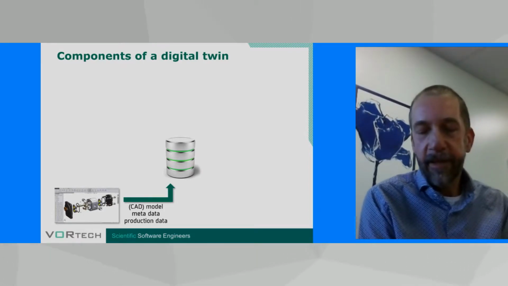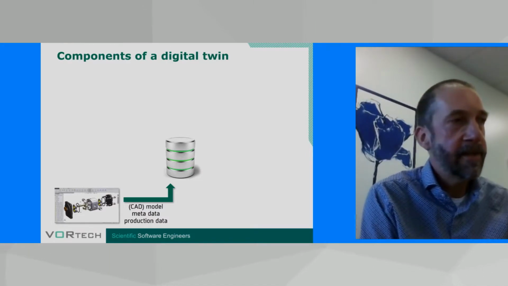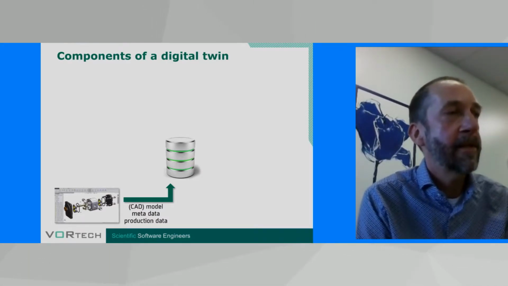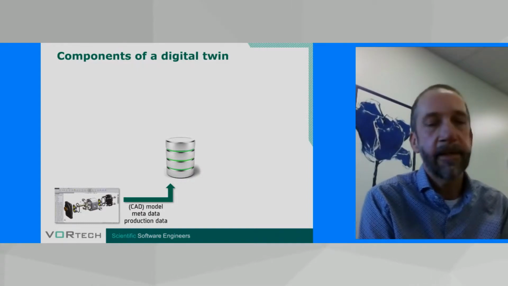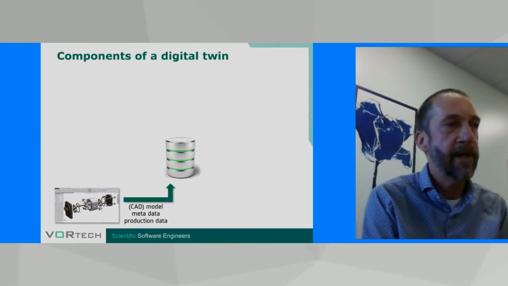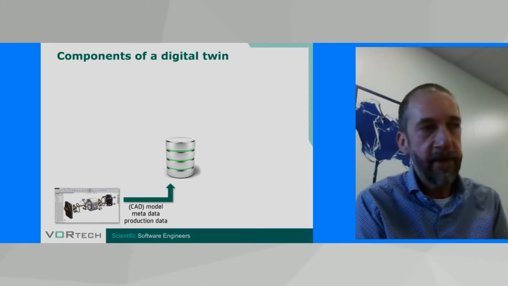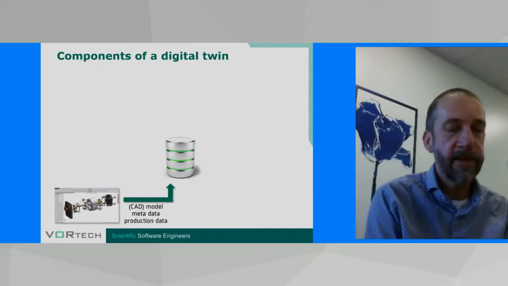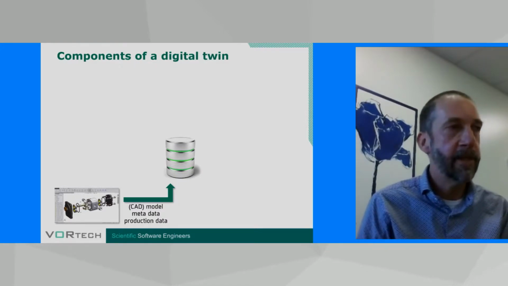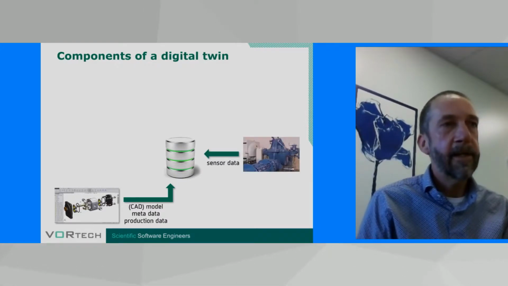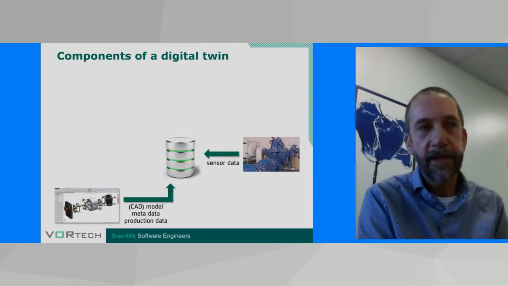As I said, the digital twin starts in the design phase, where you have the drawings and the specifications, all kinds of metadata, and lives through the build phase, where you collect production data, and then you move into the operation. And then you start collecting sensor data.